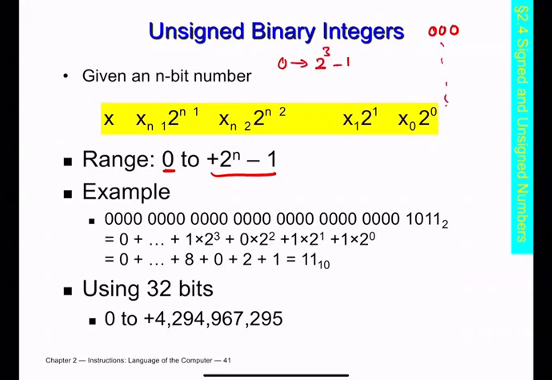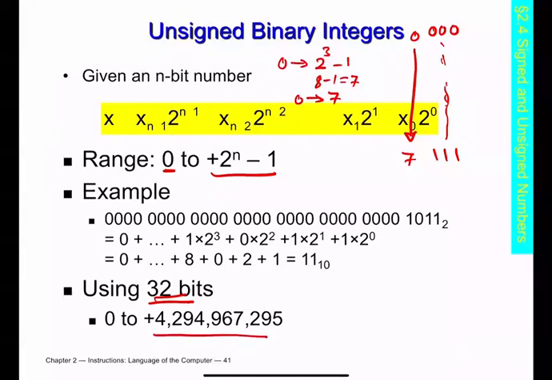Basically, you can go all the way to 1, 1, 1, and 1, 1, 1 is basically 7. So you can go from 0 to 7, as you can see here. 2 to the power of 3 is 8, minus 1 is equal to 7. You can apply that even if you have 32 bits. It is 0 all the way to 2 to the power of 32 minus 1, which is 4 gig, as we have explained earlier.